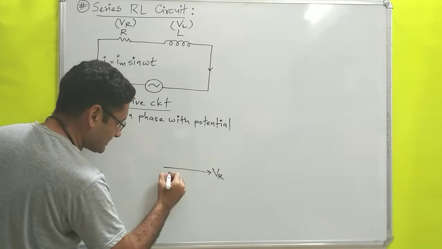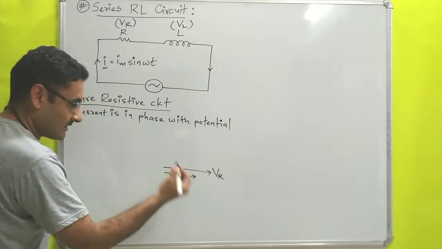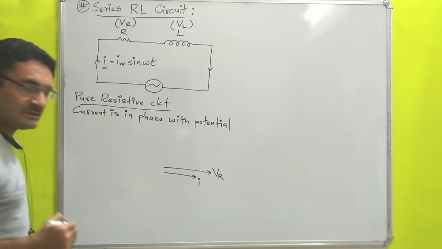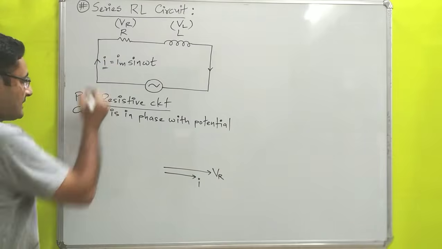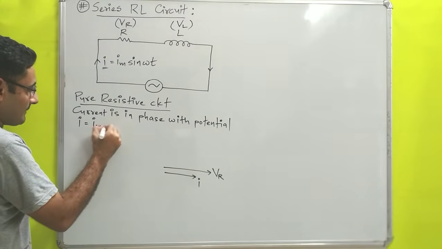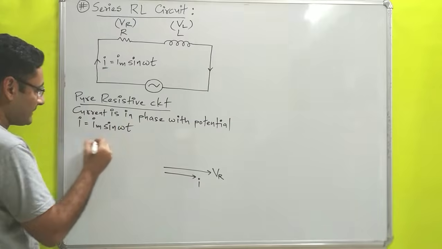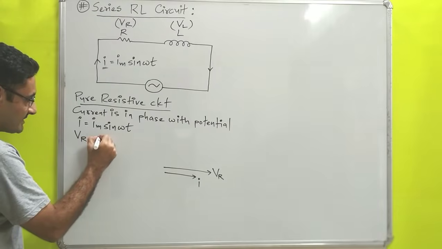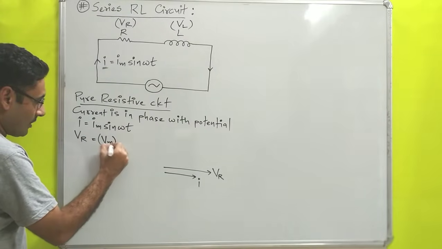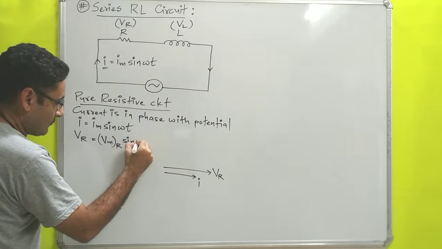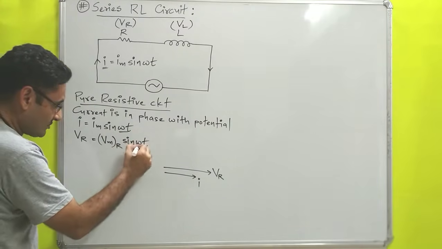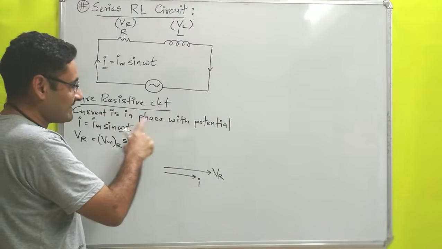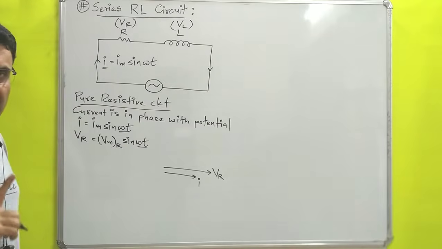The phase difference between current and potential is zero, so I will say current is in phase with potential. If the equation of current is i equals Im sine omega t, then the potential across the resistor is VR equals Vm R sine omega t. Here the phase of current and potential are the same, which is why we say current is in phase with potential in a pure resistive circuit.